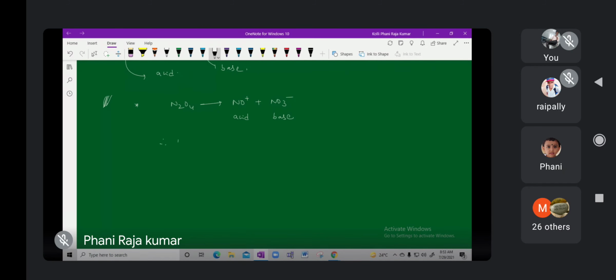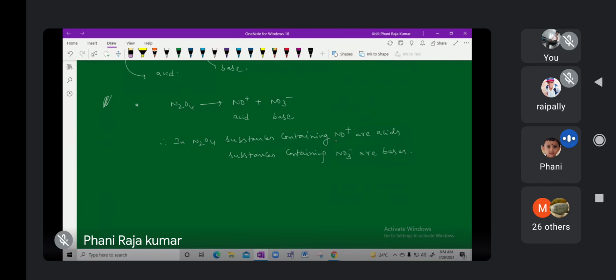Therefore, in N2O4, substances containing NO+ are acids, and substances containing NO3 minus are bases.